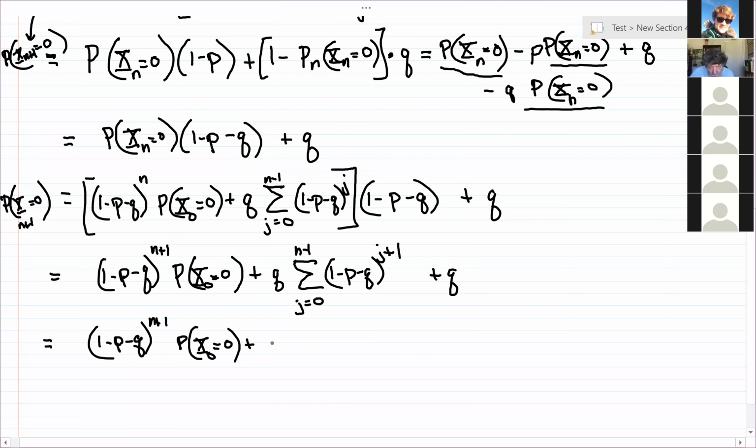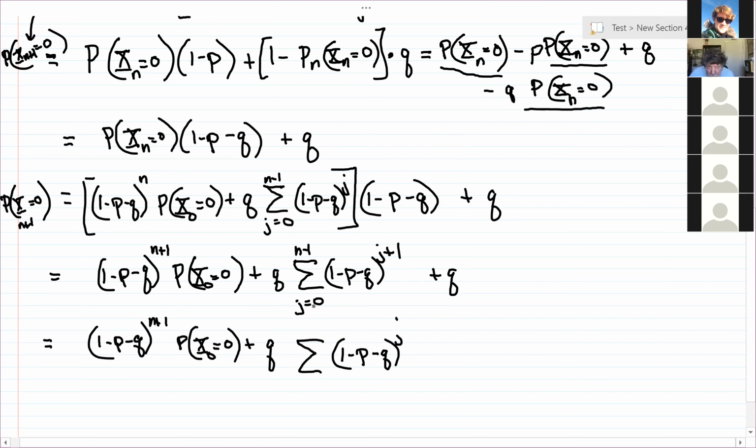And what we're going to do with this, in order to get it to look like what we want, we're going to lower the index on the inside by 1 and offset that by increasing the index in the sum by 1. So if you lower the index by 1 on the inside and increase it by 1 on the outside, you've essentially not changed it at all. Now, you may have to think about that a little bit, but that's true. So if I make the index inside here 1 less than it is, then it would become j.